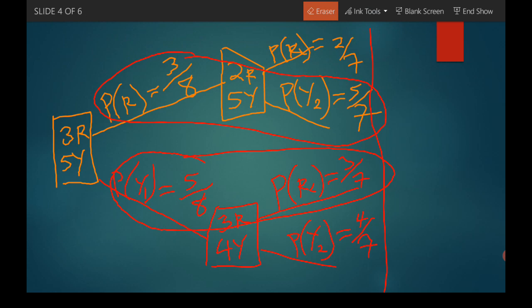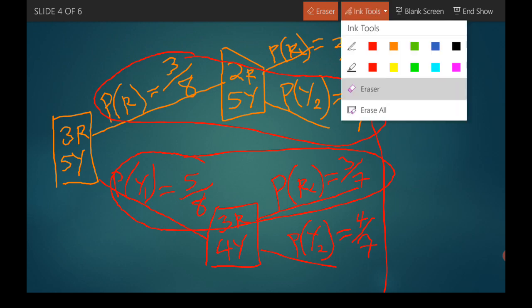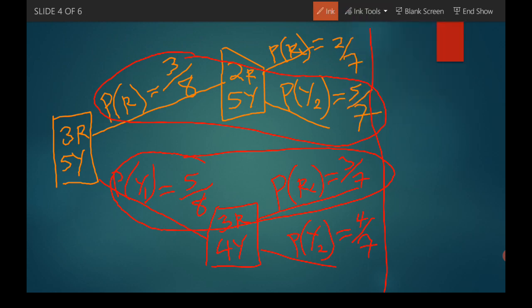So here we shall say that the probability of picking one red and one yellow will be equal to, if the first one is red, 3 out of 8, times the second being yellow is 5 out of 7, and then after that you add. The second one, the first one being yellow is 5 out of 8, times the second being red is 3 out of 7.